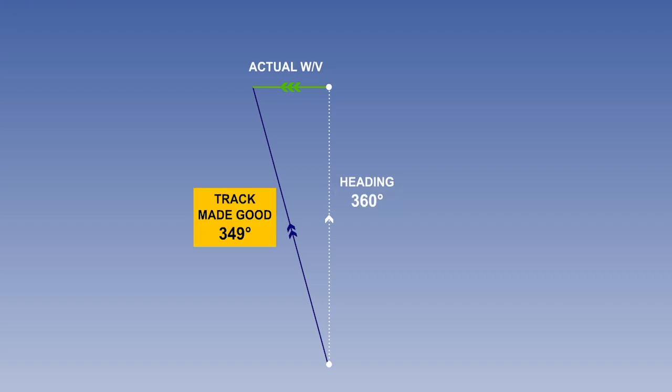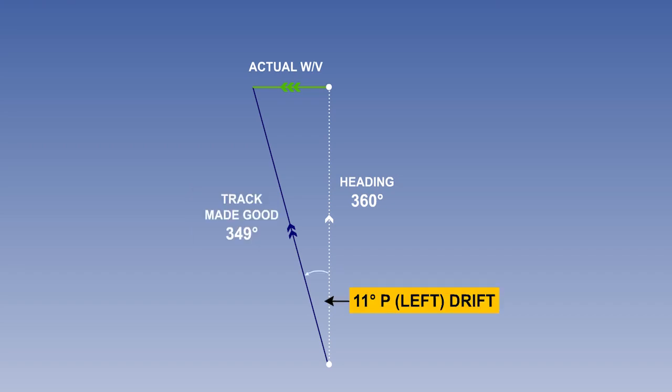Our track made good, which, if you remember, is the path we have actually flown over the ground, was 349 degrees. We know this because the track error was 6 degrees to the left of the planned track of 355 degrees.